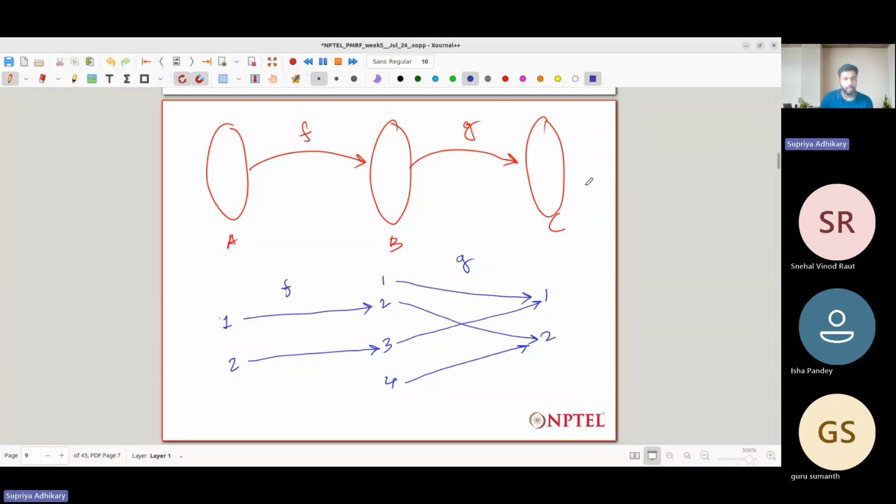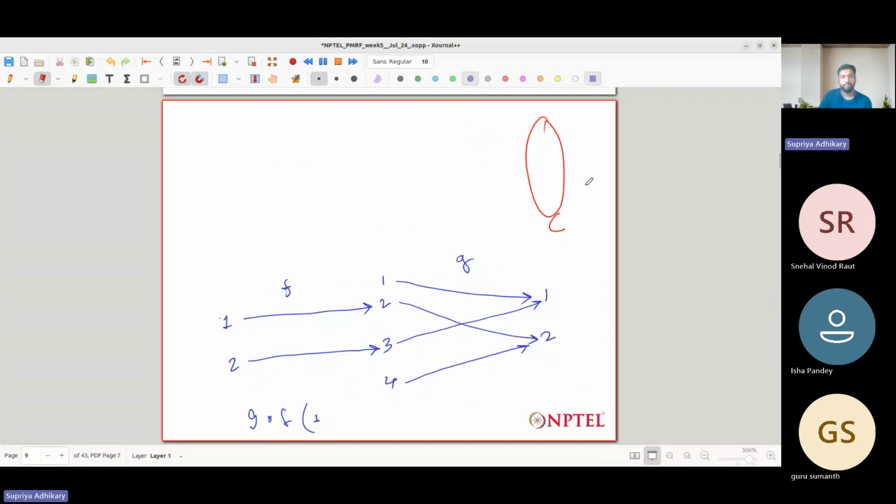As you can see here, this g∘f function is a mapping from this set A to this set C, and the mapping is something like this. Let me draw the g∘f mapping. 1 would first map to 2 and 2 would map to 2, so 1 would be mapping to 2. 2 is mapping to 3, and 3 is again mapping to 1, so 2 would be mapping to 1.